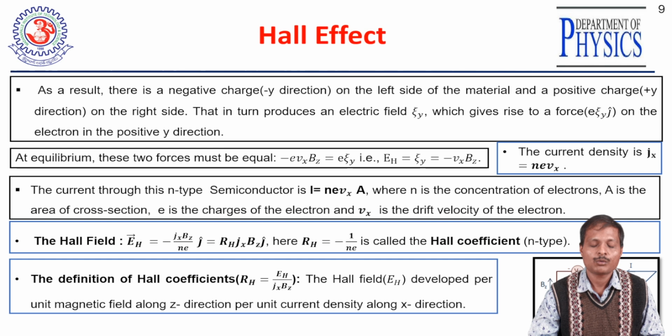Now, how can one define the Hall coefficient? Hall coefficient RH equals EH by Jx Bz. That means the Hall coefficient is the Hall field developed per unit magnetic field along the z direction and current density along the x direction. That is the definition of the Hall coefficient.